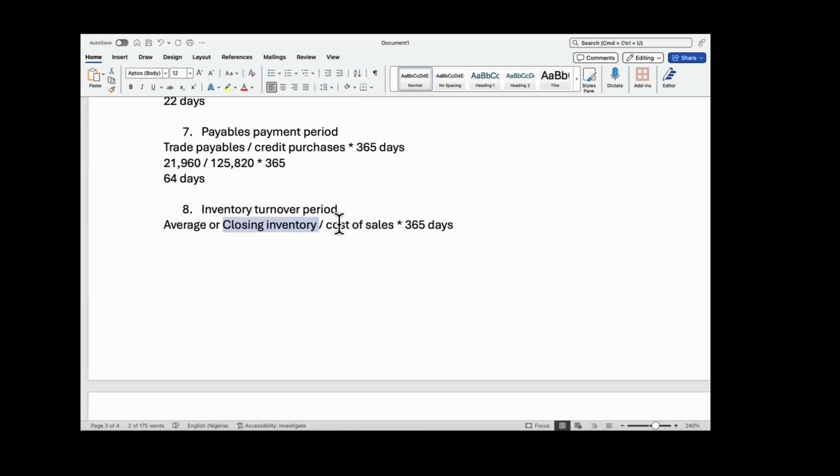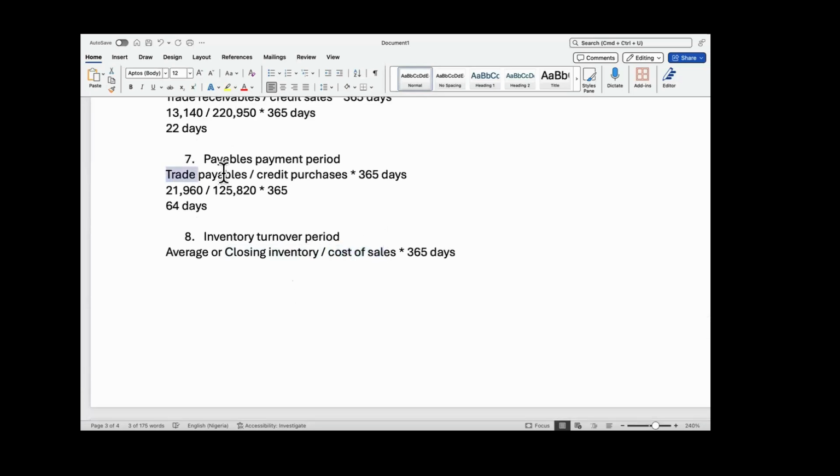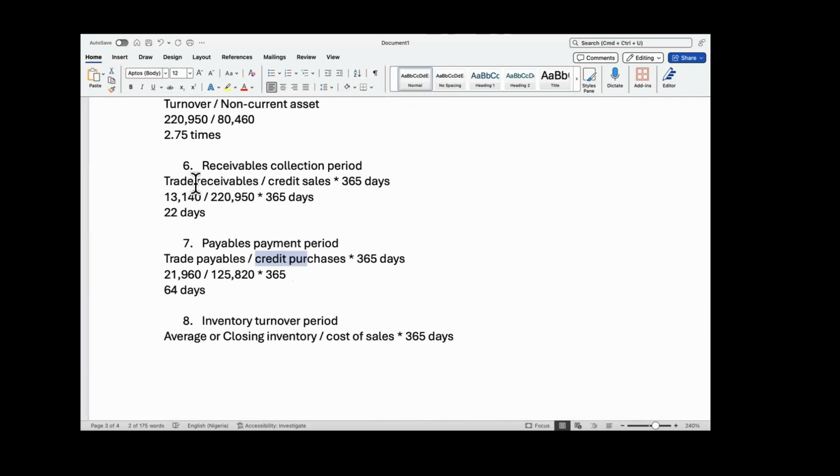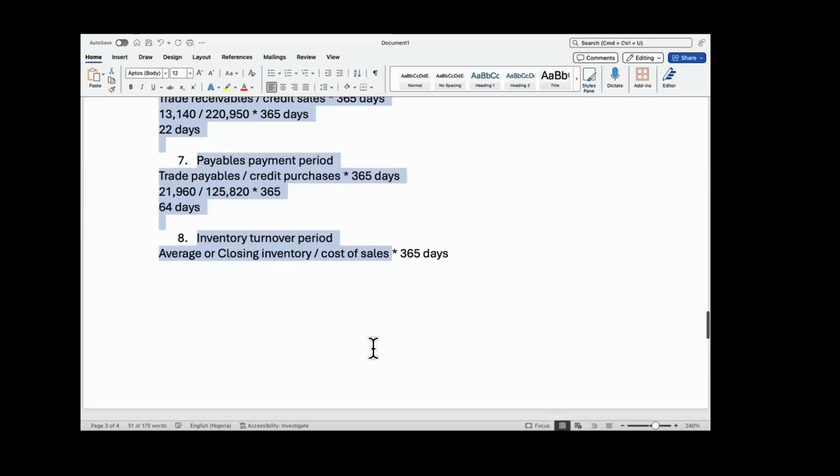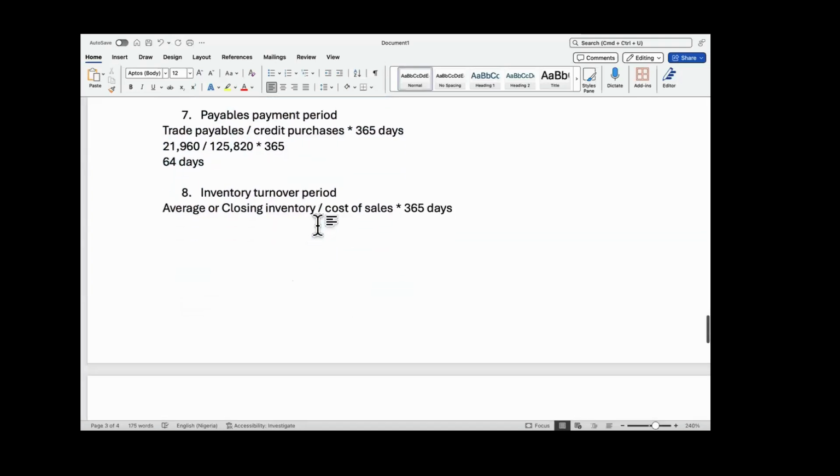What creates inventory is purchases, both opening and closing, and other. So it's your cost of sales. What creates trade payables is purchases. Why you're having trade payables is because of purchases. What creates receivables is credit sales. So when it comes to these three, you need to know the relationship between the numerator and the denominator. They are closely related. So when it comes to inventory turnover period, don't use sales here.